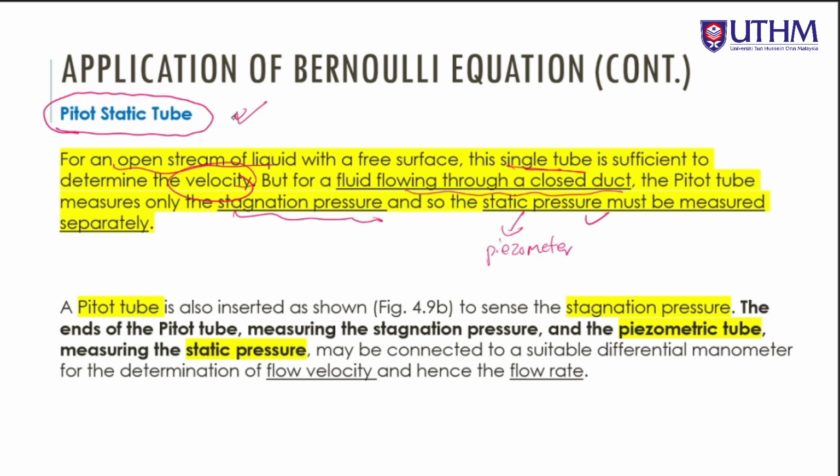So in order to overcome this, they create this pitot static tube, yang mana both function of measuring the P static dengan P dynamic dapat dikira. Okay, so a pitot tube is also inserted as shown in 4.9 to sense the stagnation pressure.